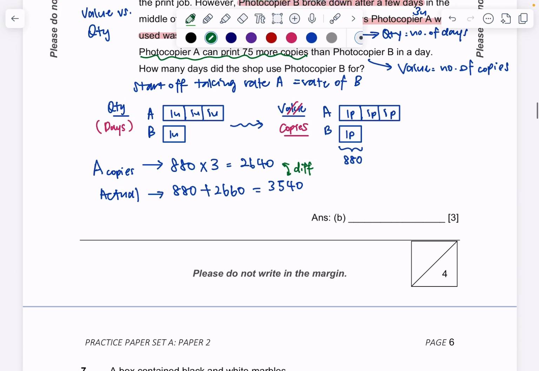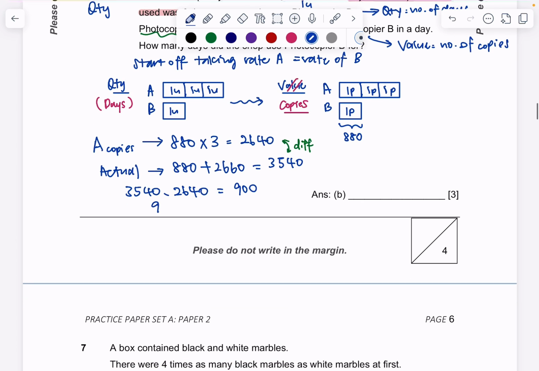So we also see that 3,540 minus 2,640 is equal to 900. And this 900 divided by 75 copies a day, we will be able to count the number of days over here.